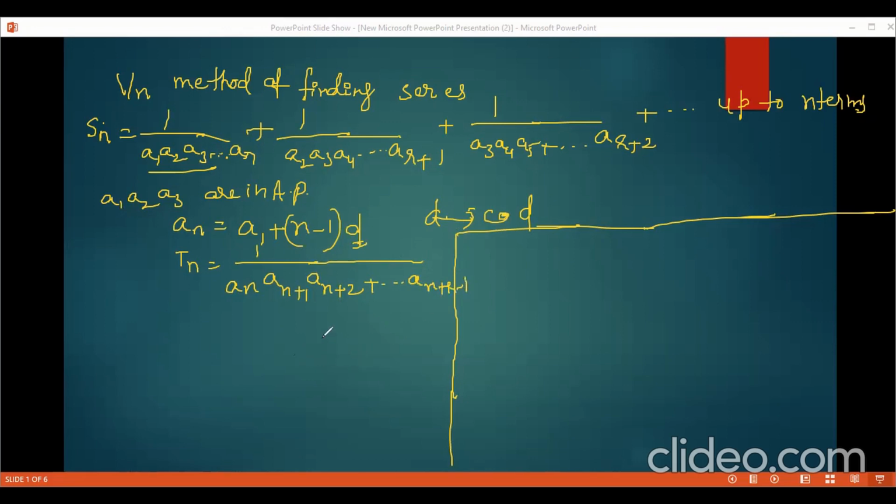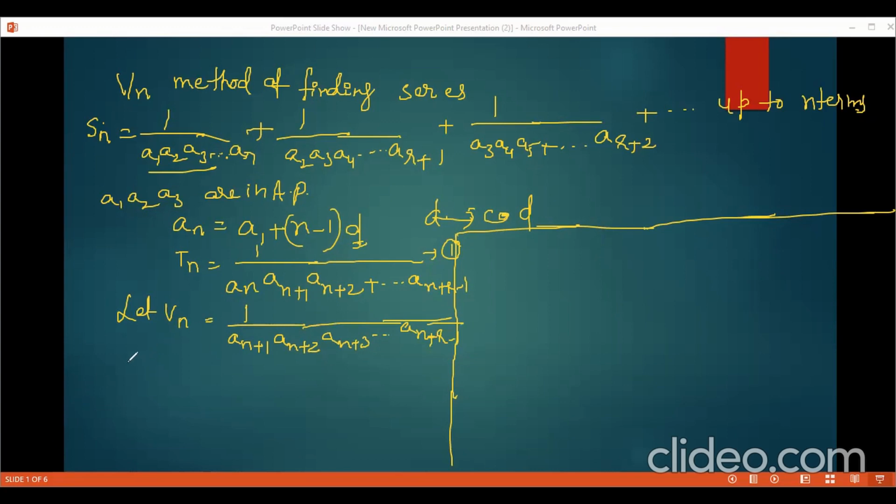You take this as equation 1. Similarly, let Vn be equal to 1 by An plus 1, An plus 2, An plus 3, so on, An plus r minus 1. This is the last term.